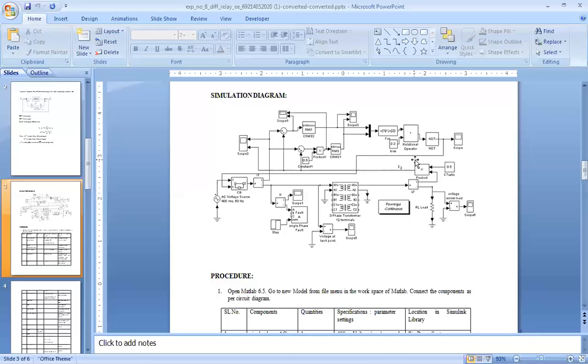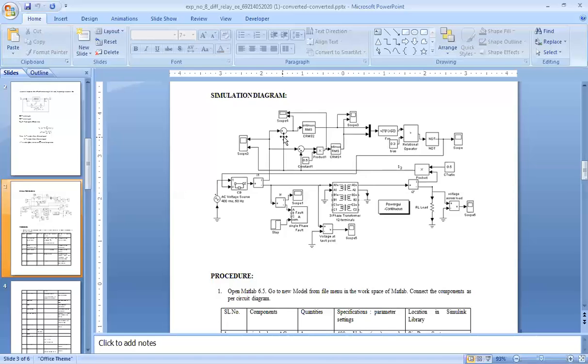We have to find the difference of these two currents. Then we have to find the through current, that is the average of these two currents. And for that we use these blocks. To get the difference, this is plus minus, I1 minus I2.